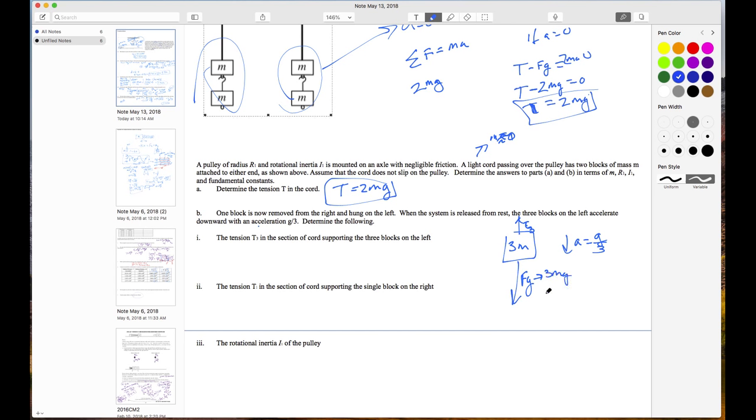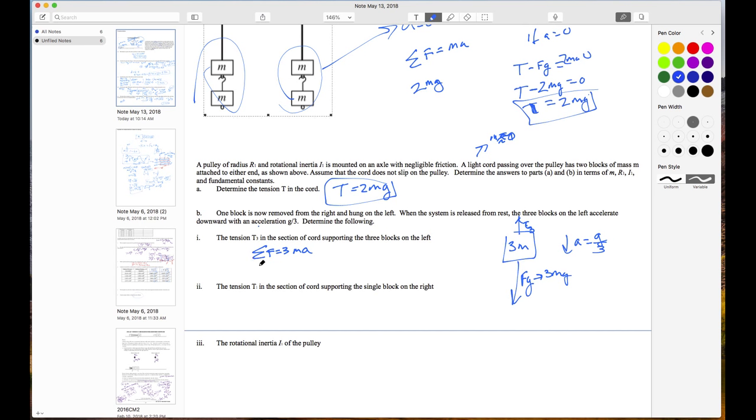And so we set up a similar equation to last time, where the sum of the forces is 3m times a. But we know the a value here.